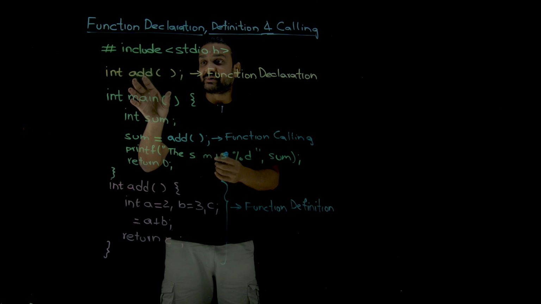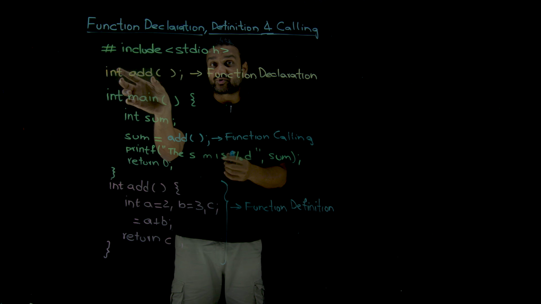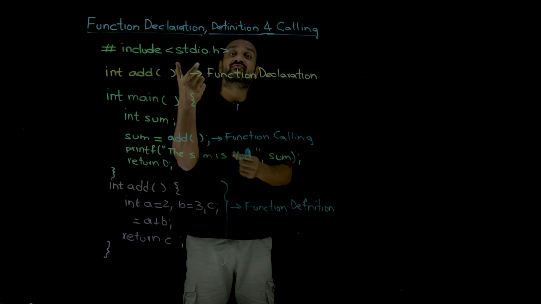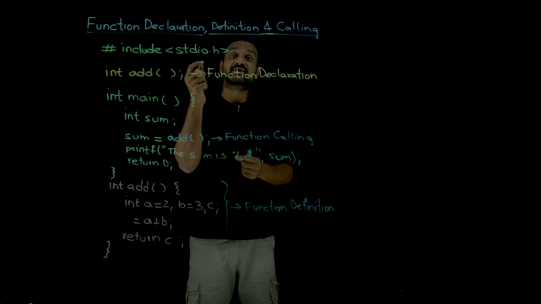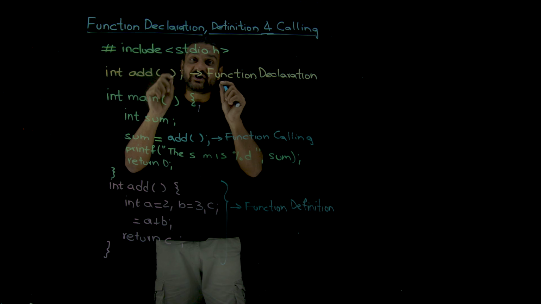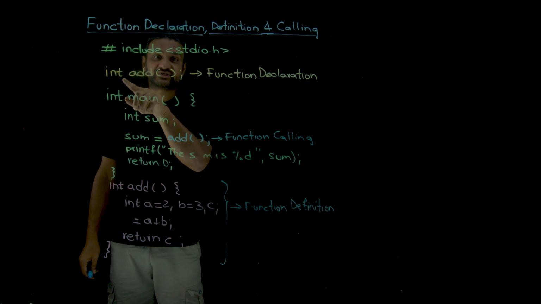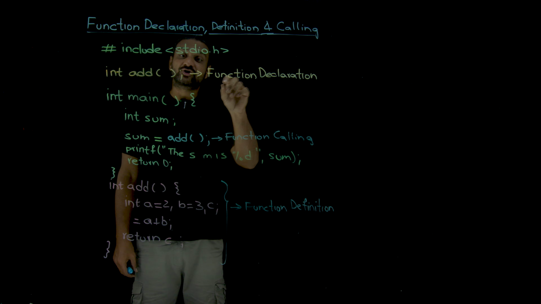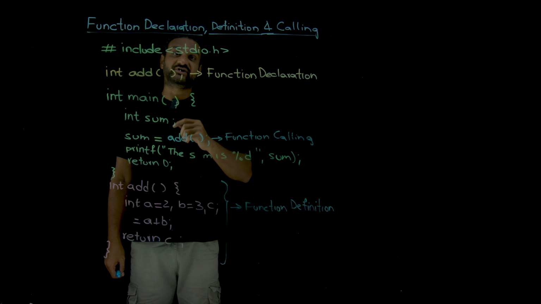So the compiler will check for the prototypes of these functions. These are called declarations or prototypes, and they give a brief understanding of what kind of functions are there and what the return values of those functions are. That brief understanding is provided by these function declarations, and it is always a good practice to declare them above the main function.